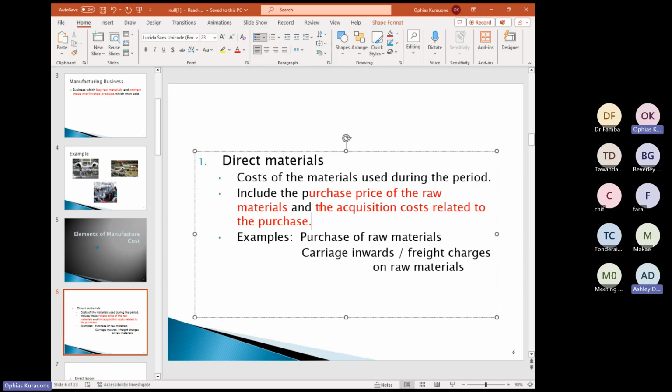You should understand that raw materials cost does not only include the purchase price of the raw materials, but also includes the acquisition cost, the cost incurred by the entity to bring the raw materials into use.